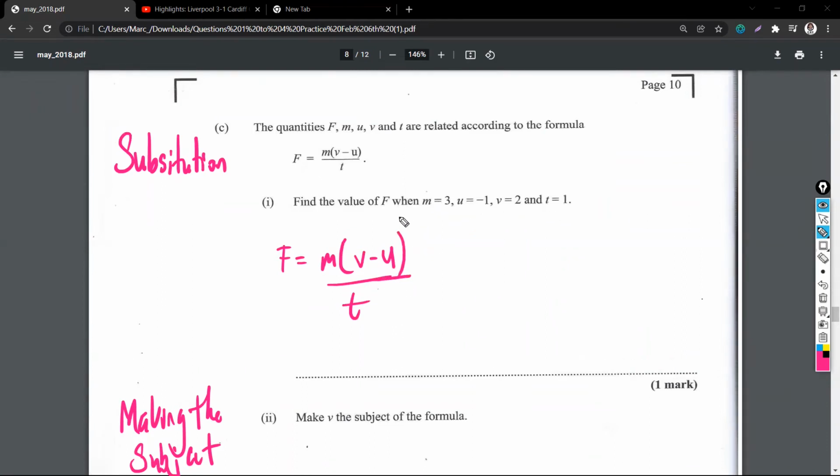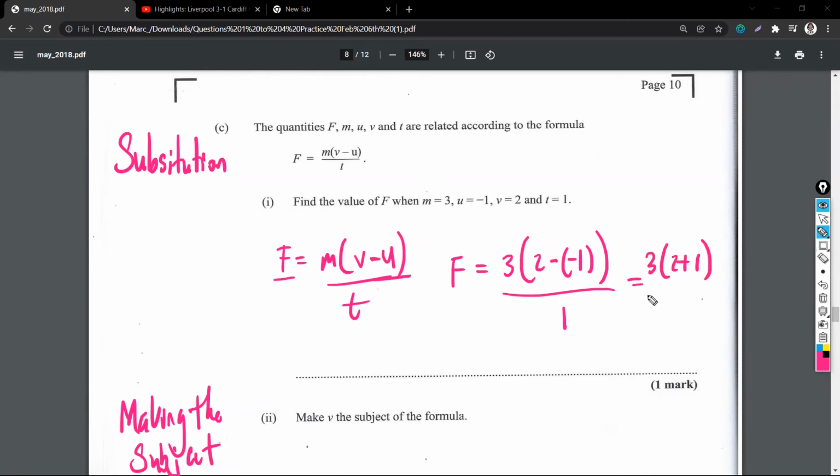We need to just put the values in there to find F. So F is equal to 3 times 2 minus 1 over 1. This minus 1 is going to give us a 3, guys. You're going to end up with 3 times 2 plus 1, right? The 2 minuses are going to give you a plus. So you're going to end up with 3 times 3 over 1, which is 9. So the answer for this one is 9.